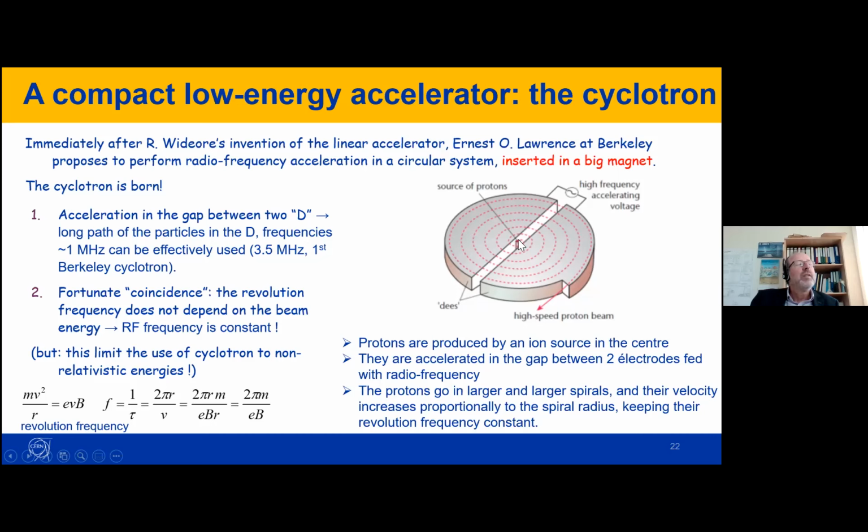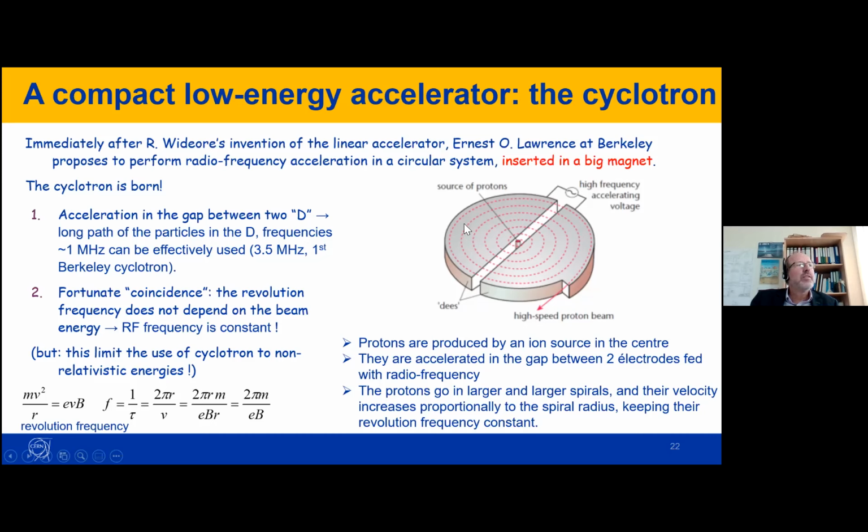The ion source is in the middle, which is the important point. Here the particles are created with very low energy, so they receive a first acceleration between the two plates, then they go in a circle, receive a second acceleration, and every time they receive more energy and they go into larger and larger circles.